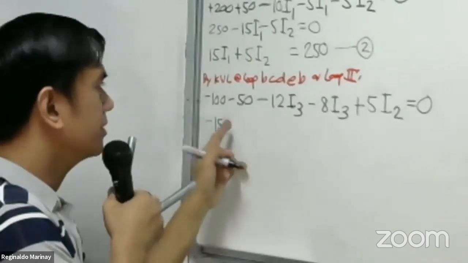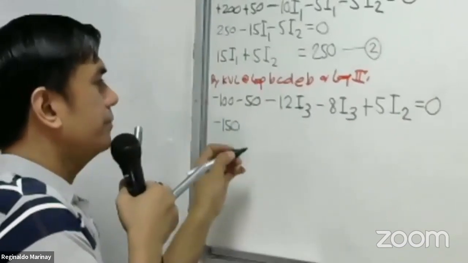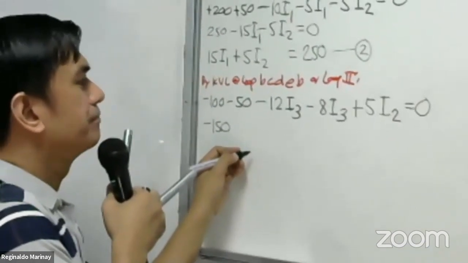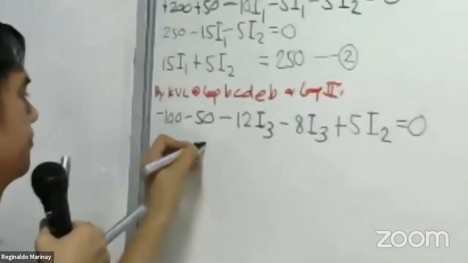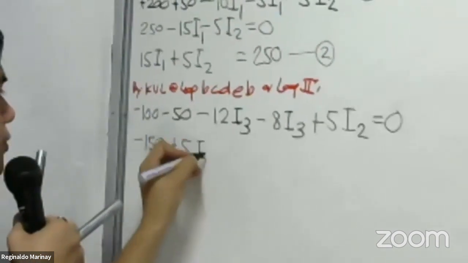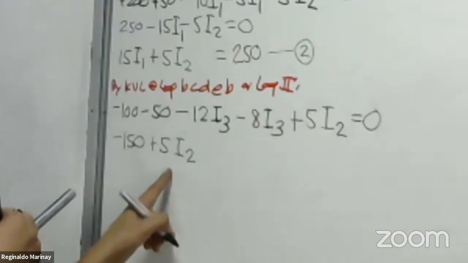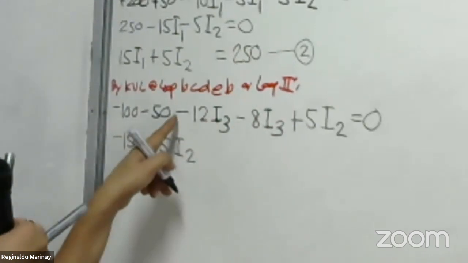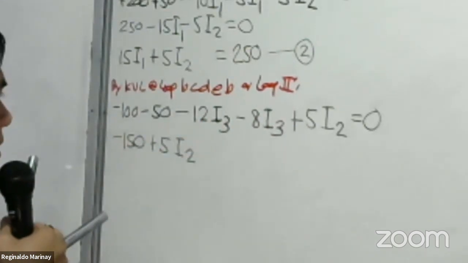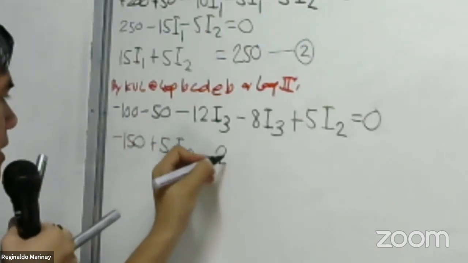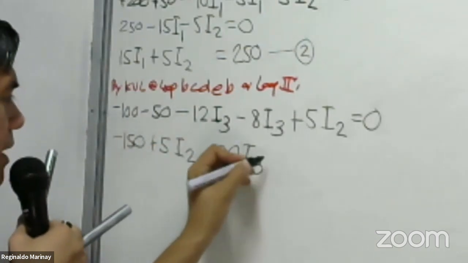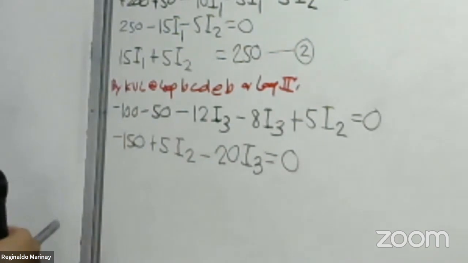Please focus here, your camera. Plus 5 I sub 2, then this is I sub 3, negative 12, negative 8, that is negative 20 I sub 3. That is equal to 0.